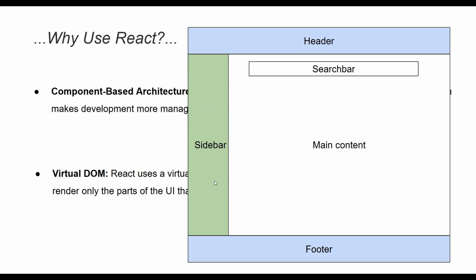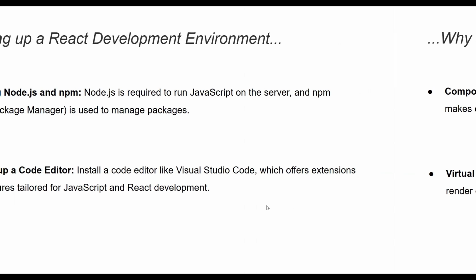So by building all these as separate components, we can import the sidebar only to the page where a sidebar is needed, and import the search bar only to the page where the search bar is needed. So it actually makes our project more scalable and maintainable. So that is one of the beauties of working with the React library.